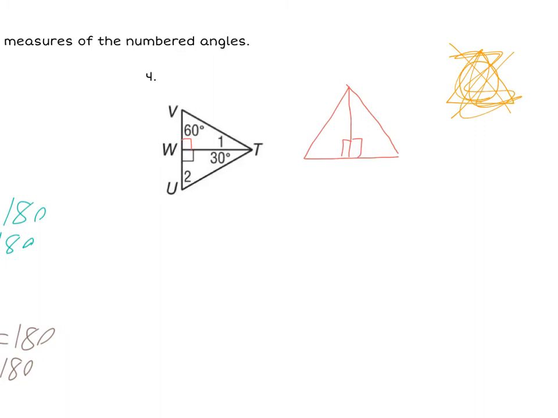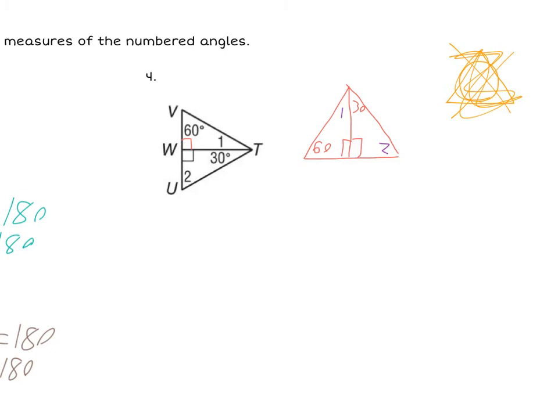What else do we know about this triangle? This here is a 60. This here is a 30. And then we're missing this angle up here, the 1, and this angle here, the 2. Well, the internal angles of any triangle must equal 180.